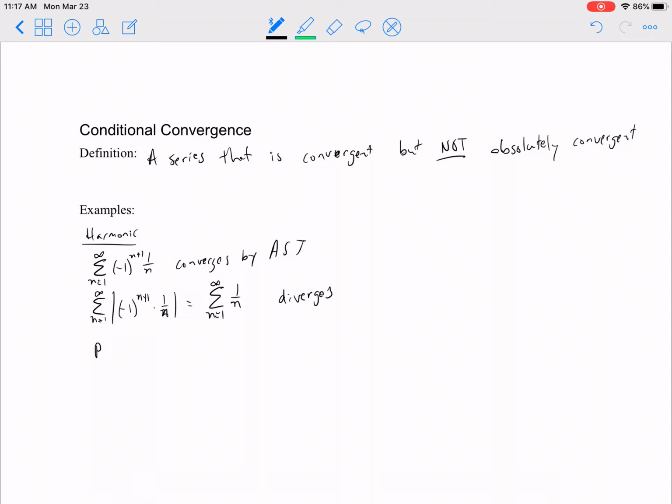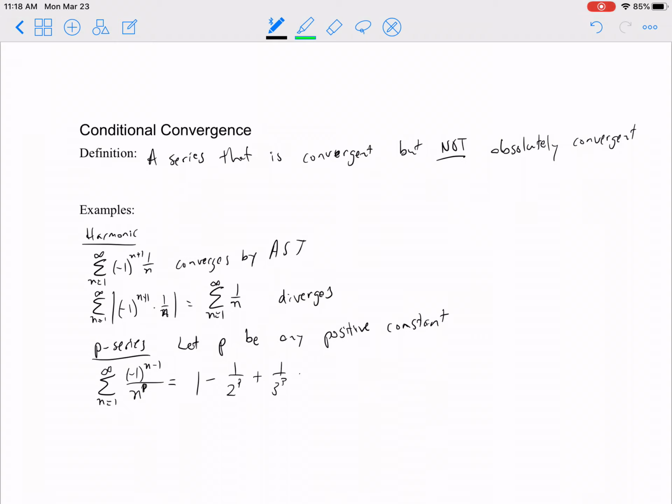P series. Let p be any positive constant, and we get here the sum from n equals 1 to infinity of (-1)^(n-1) over n to the p, and that's going to equal 1 minus 1 over 2 to the p plus 1 over 3 to the p minus 1 over 4 to the p plus dot dot dot.